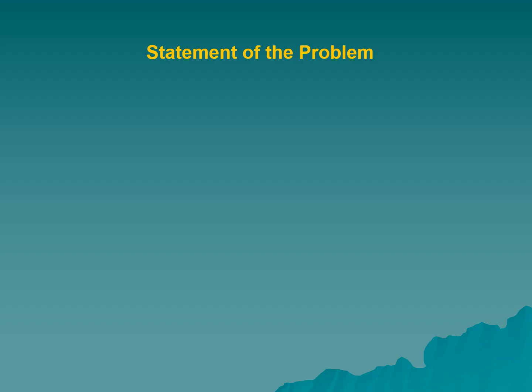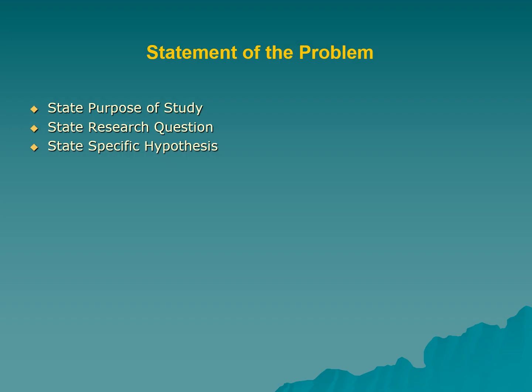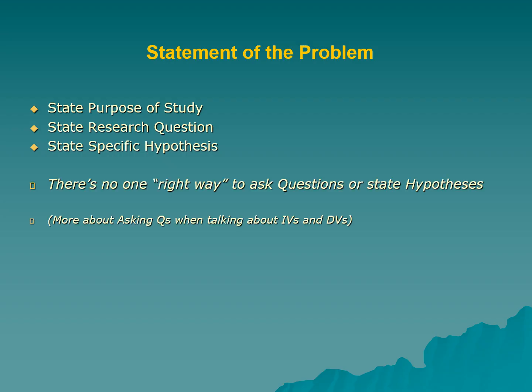Now let's talk about how to state a problem. Usually the purpose of the study is initiated with the statement of the problem, the importance of the problem, followed by a research question and a specific hypothesis. There is no right way or wrong way to ask questions or hypotheses.